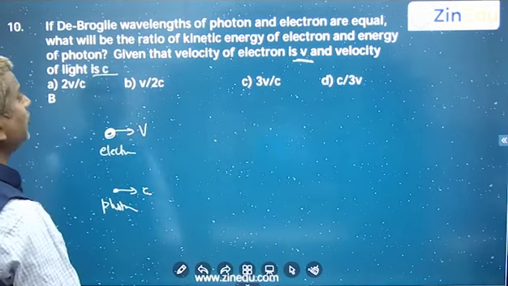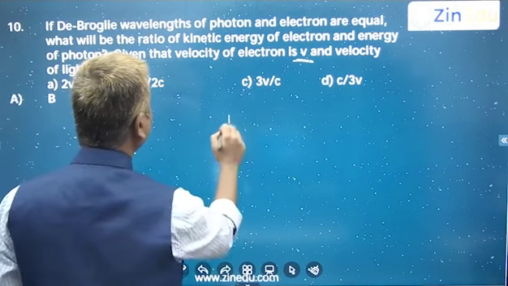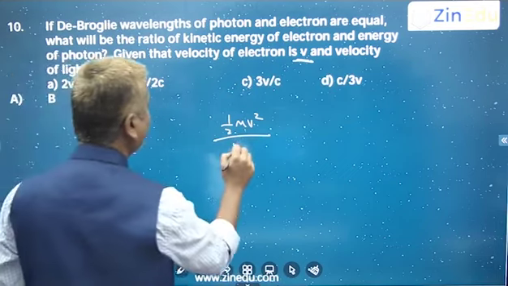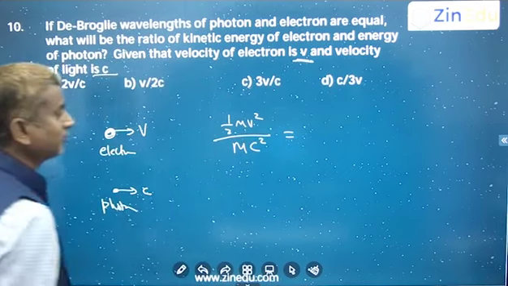They're asking us to find the kinetic energy of electron, which is half mv square, and the energy of a photon, which is mc square. This ratio they're asking.